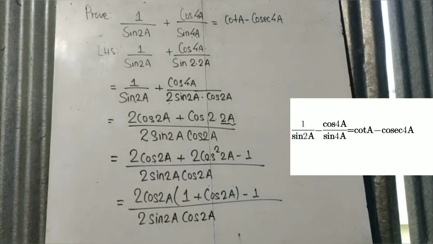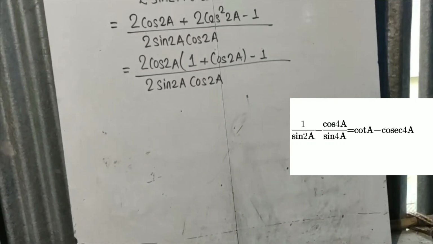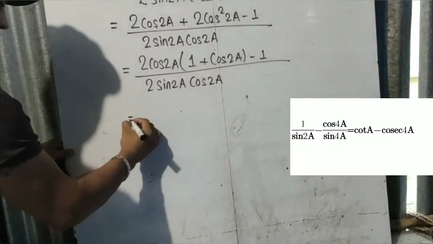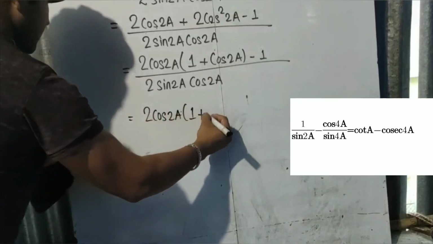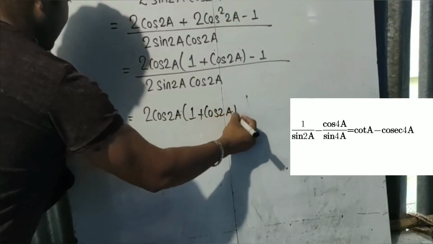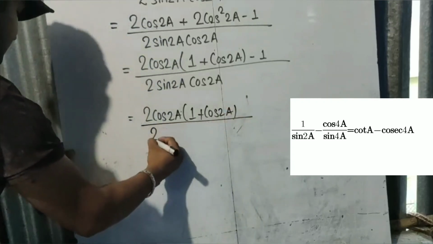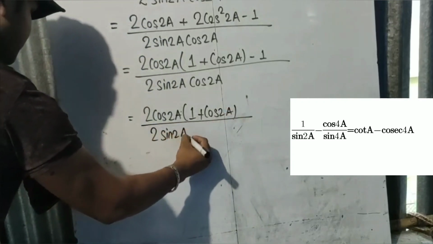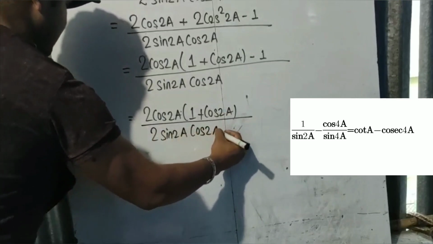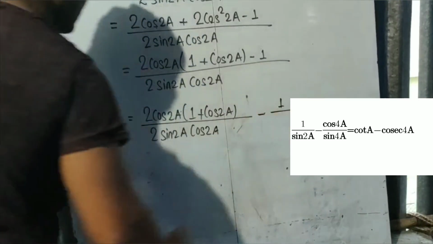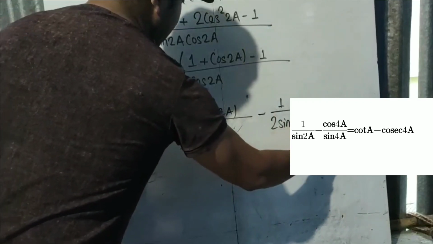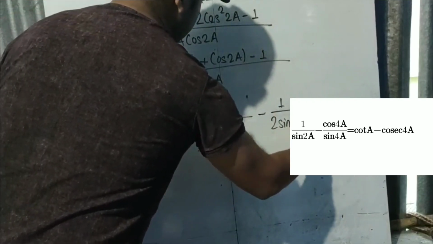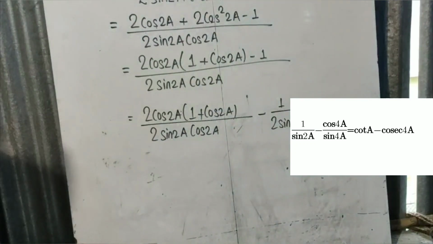Now we are going to segregate this denominator: 2 cos 2a (1 plus cos 2a) by 2 sin 2a cos 2a minus 1 by 2 sin 2a cos 2a. Okay, we got this now.